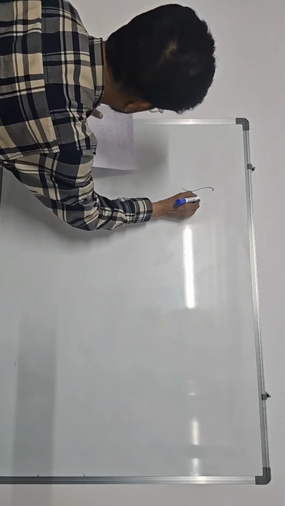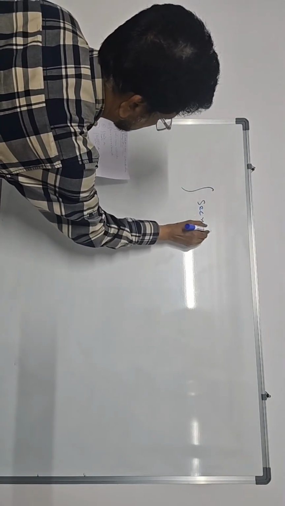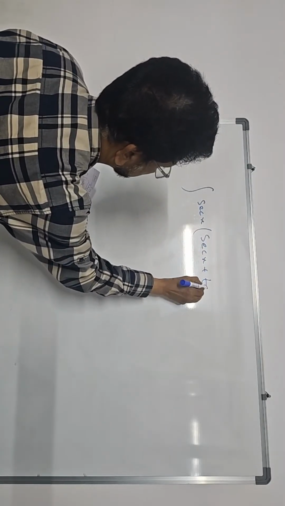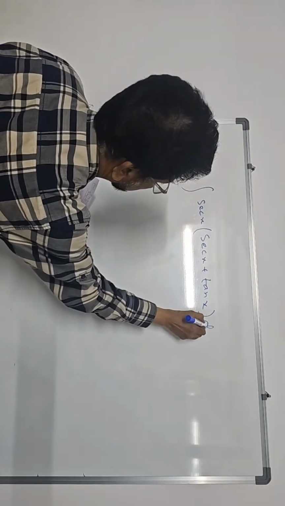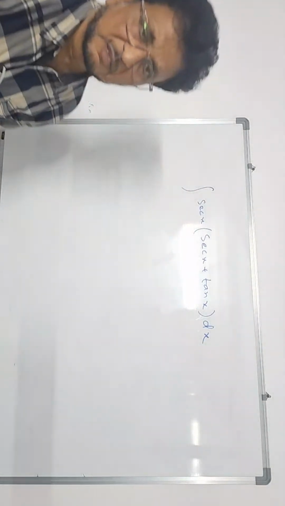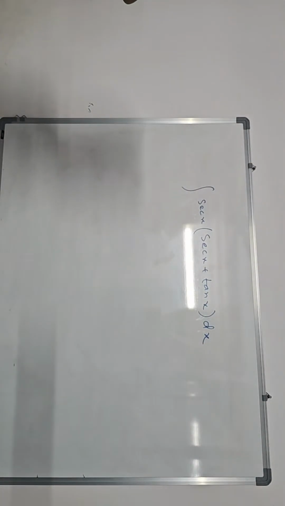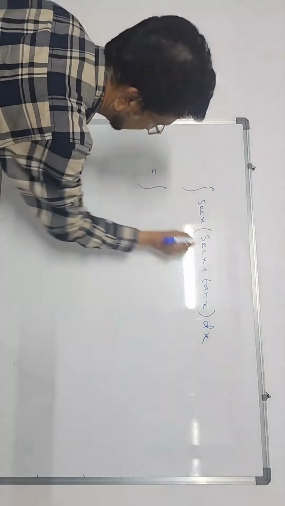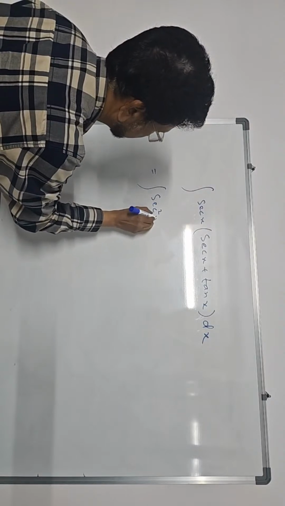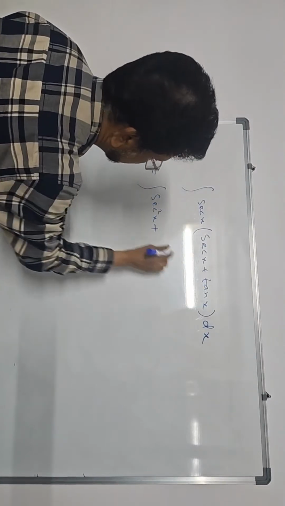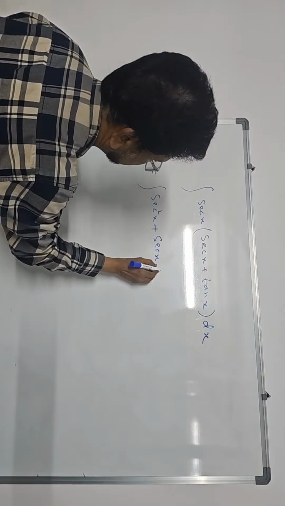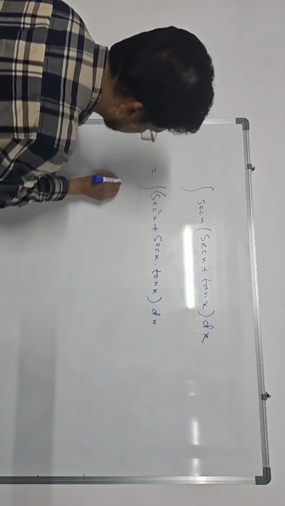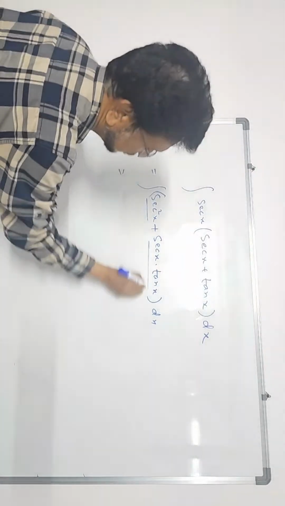Integration of sec x times the bracket sec x plus tan x, dx. What is the integration? Open the bracket simply. Sec x into sec x is sec square x. Sec x into tan x is sec x tan x. Bracket dx. Now write these two terms separately.